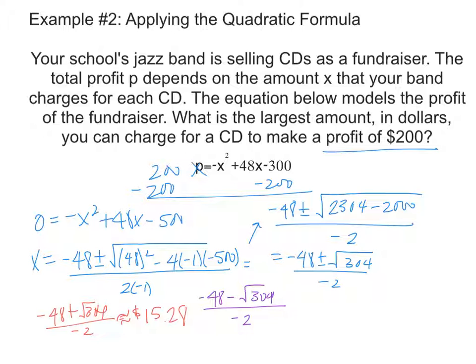Negative square root of 304 will be negative 17 point whatever. Then I'm going to subtract 48. I'm going to divide that by negative 2. And that gives me about $32.72.